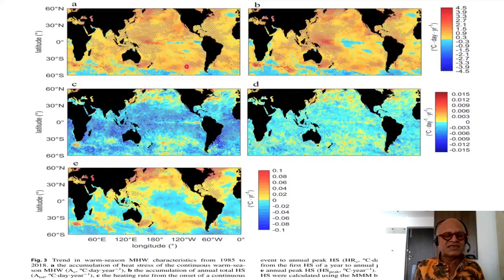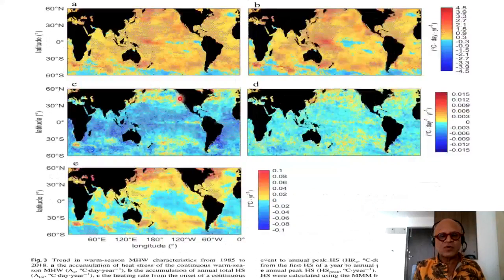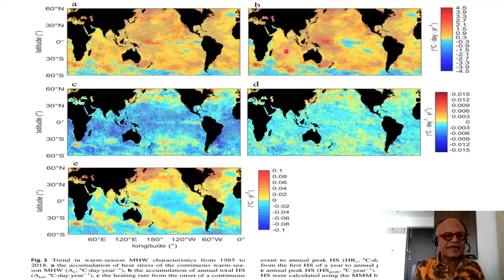So this is the AC in degree C day per year, and B is, so here you can see again mostly all positive but more patchy than this figure, for example, which is the trend in DC. Okay, so B is the accumulation of annual total HS, so it's a total degree C day per year.